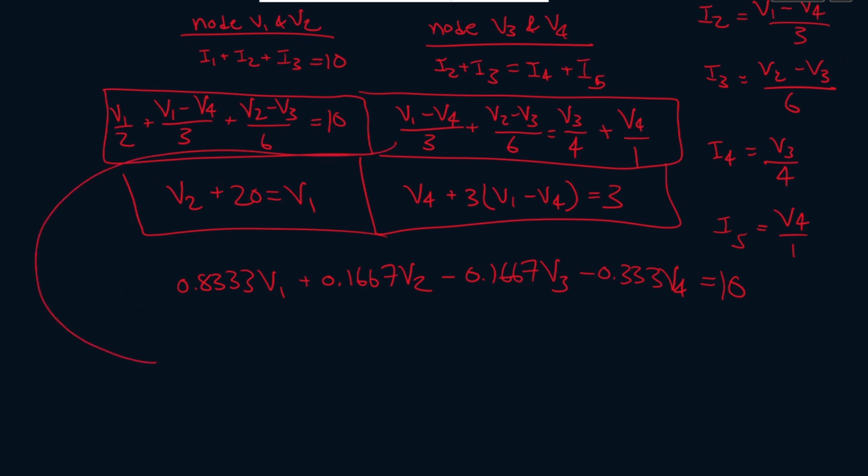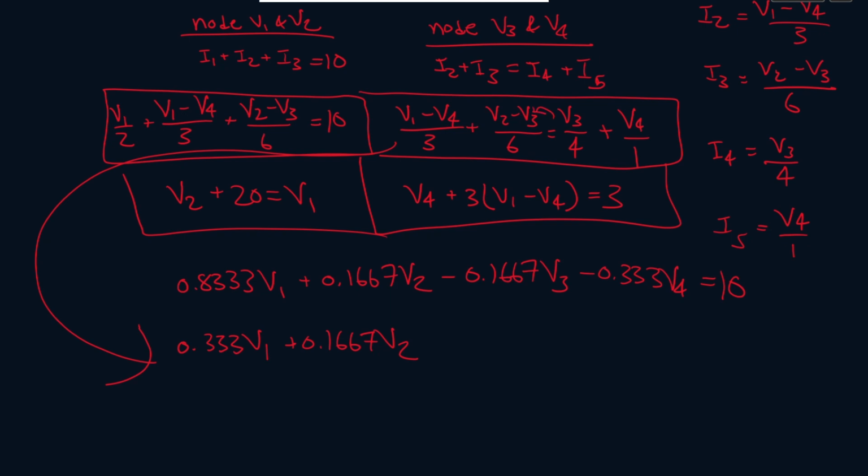Now our second equation. It's V1 over 3, and that's the only V1 we have, so it'll be 0.333 V1. For V2, we see there's V2 over 6, so it'll be plus 0.1667 V2. Now there's minus V3 over 6, and there's a V3 over 4 on the other side. If we bring this V3 over 4 to the other side, it'll be minus V3 over 4.